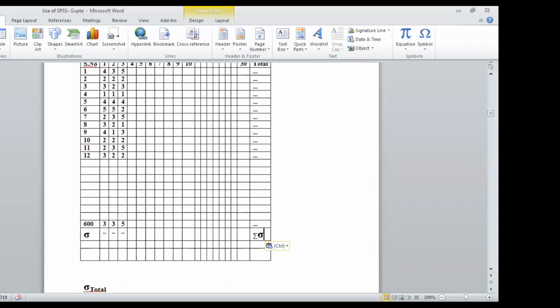And now you can use a formula. I'm giving you the formula.